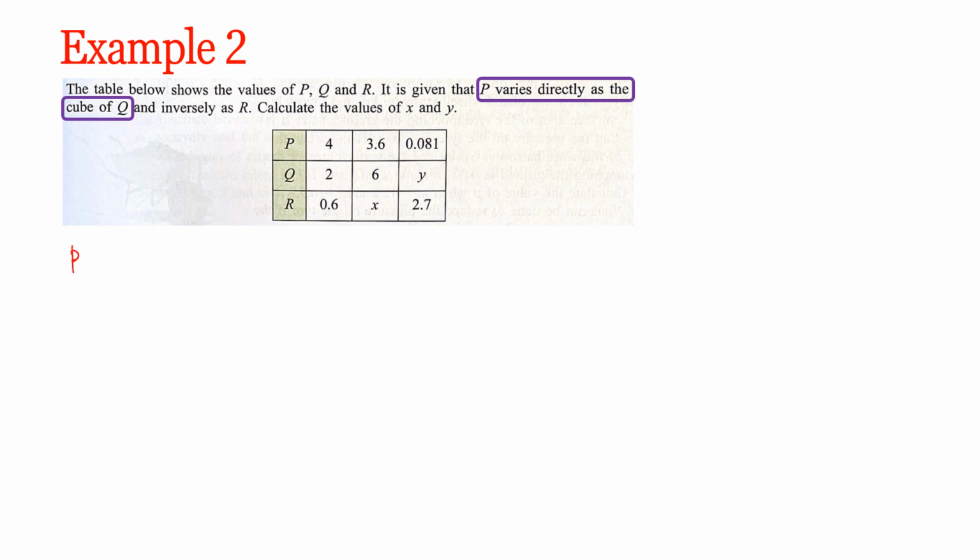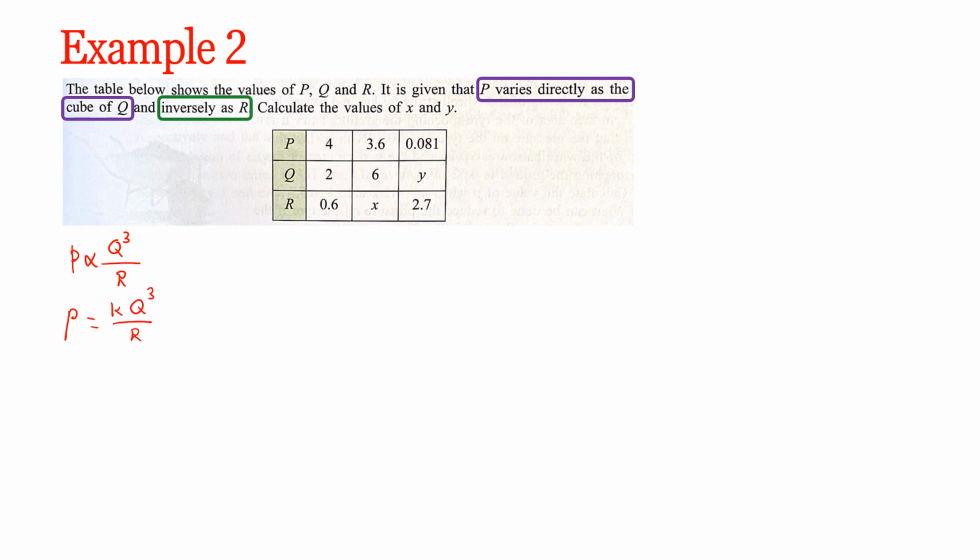P varies directly as the cube of q and inversely as r, so you have to write over r. Then the next step, you have to write it into equation form. You just put a constant k here, so p equals k q cubed over r.